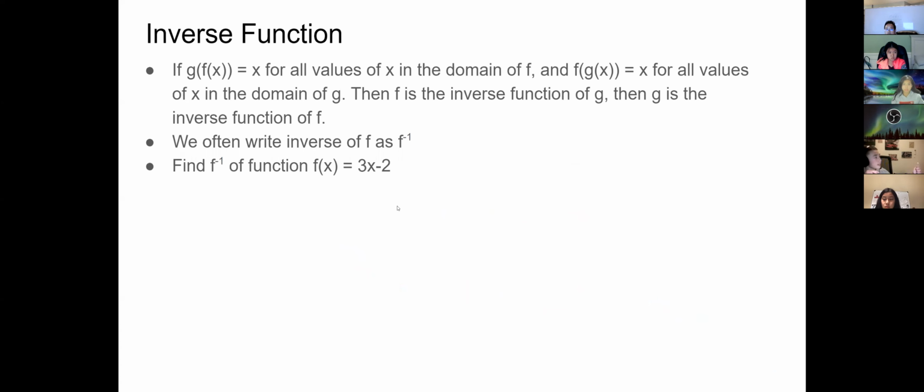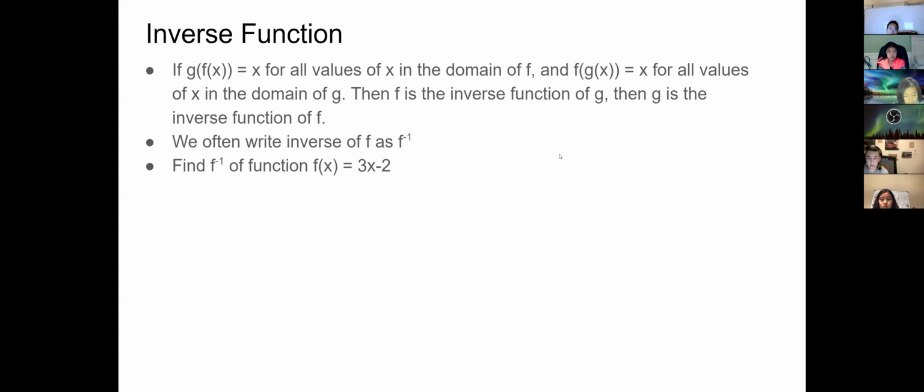All right. Okay, inverse function. Now this is the definition. If g of f(x) equals x for all values, and f of g(x) is equal to x for all values of x in the domain of g, then f is the inverse function of g, and g is the inverse function of f.